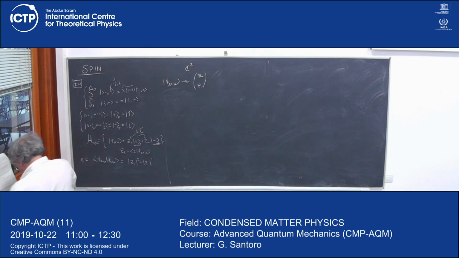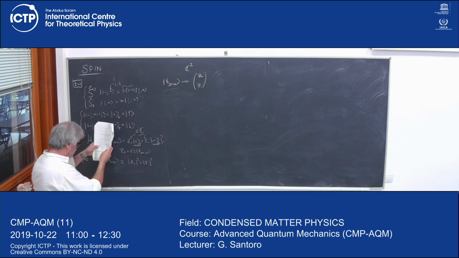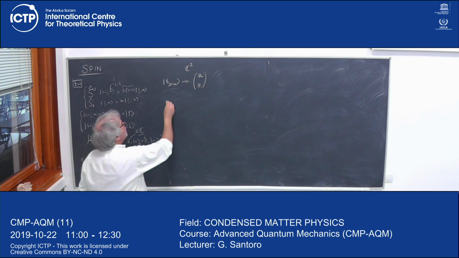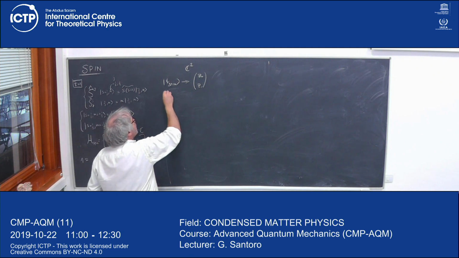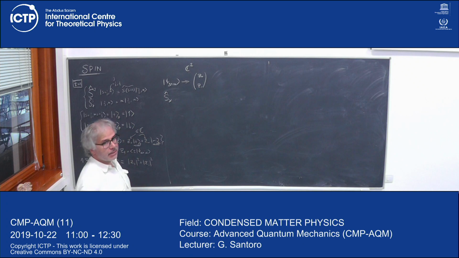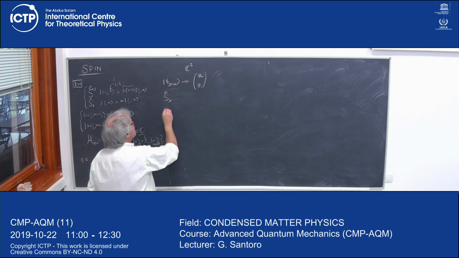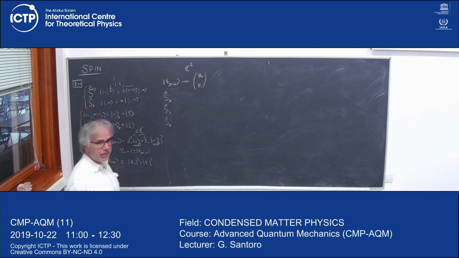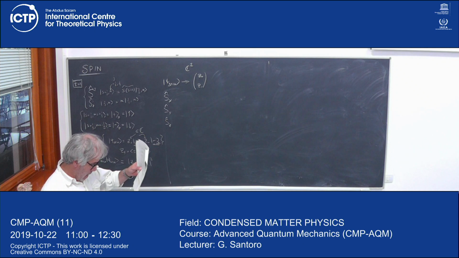Now, I want to write the matrix element of sigma x, the matrix element of sigma y, and the matrix element of sigma z. Let's start from this. Sigma z is simple.